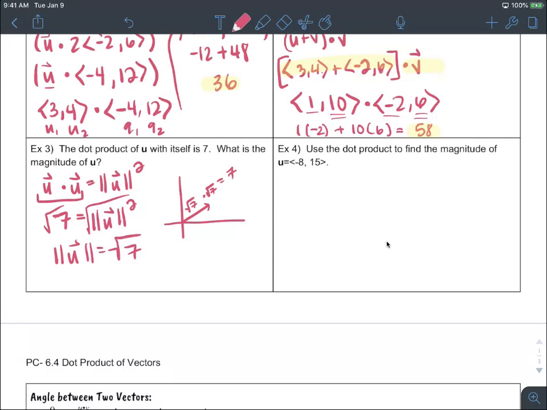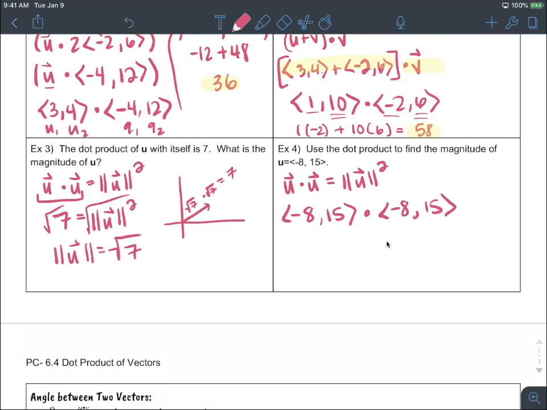So this is just like another way to calculate magnitude, or to kind of prove that u dot u is equal to the magnitude of u squared. So if we think about u is -8, comma 15 dot -8, comma 15. I know you could use Pythagorean theorem here.